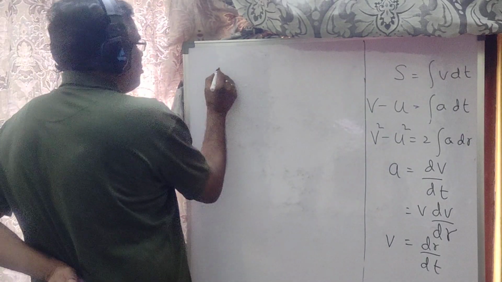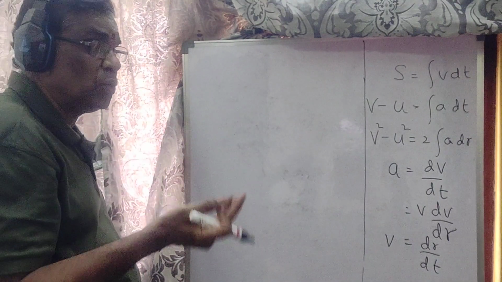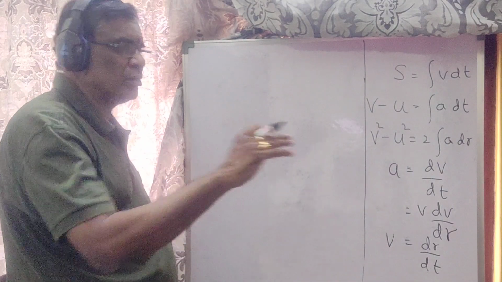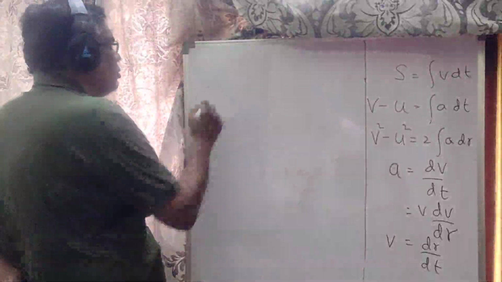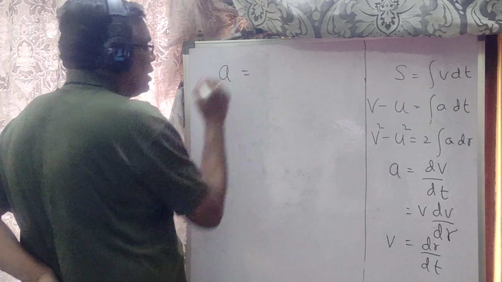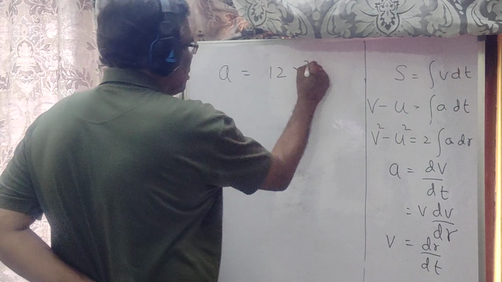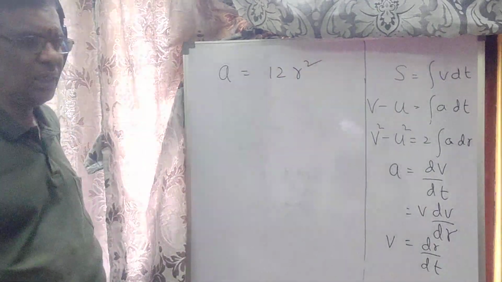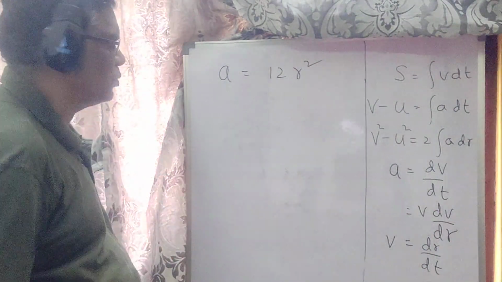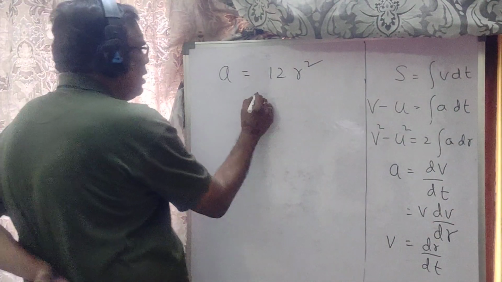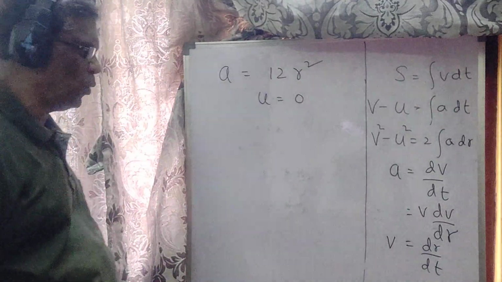Now, for example, a I have given you as a function of time. So from that you could find out what is your velocity and what is your displacement. In a similar way, I'll give you a as a function of say displacement or position. Suppose I am saying a is equal to 12 r square, something like that, some arbitrary value, and here initial velocity is, I am giving it as 0.